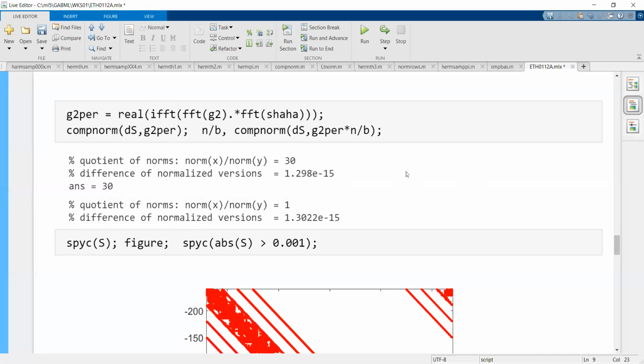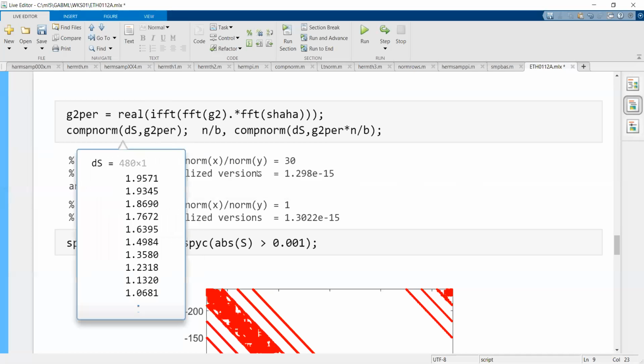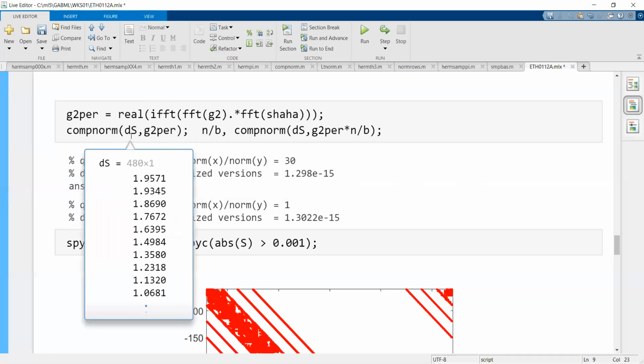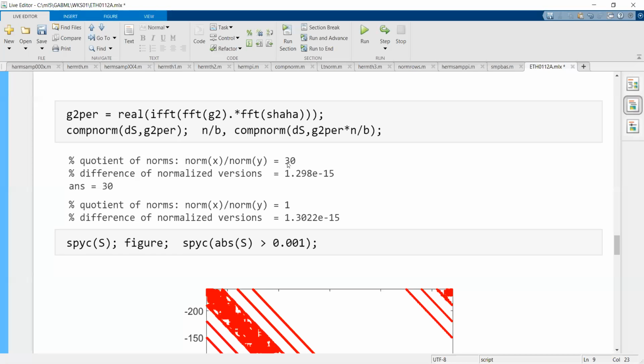So this command here tells me that they are equal. The first vector is bigger by a factor of 30 compared to the second one. But if you take the normalized versions of these vectors, they are equal up to numerical precision. So, okay, maybe this is n over b. Yes, this is n over b.